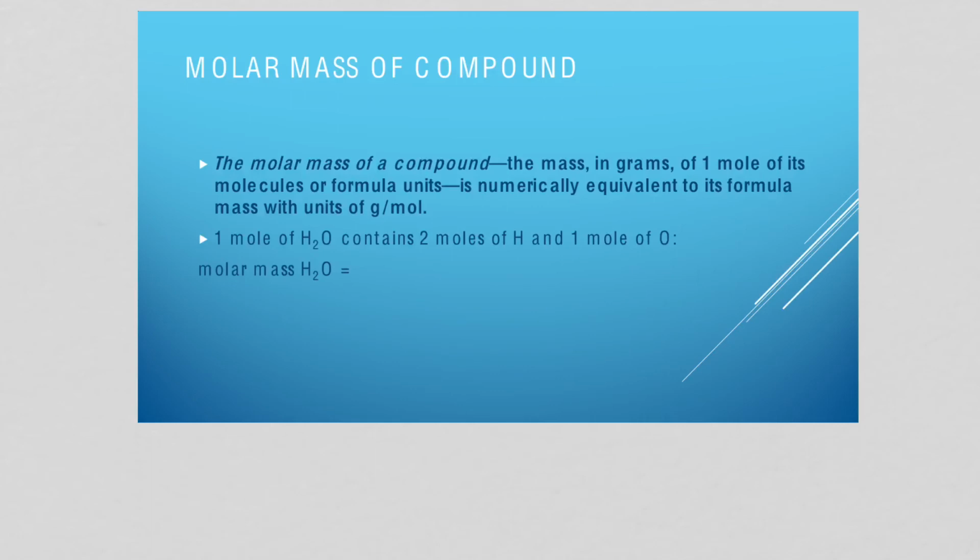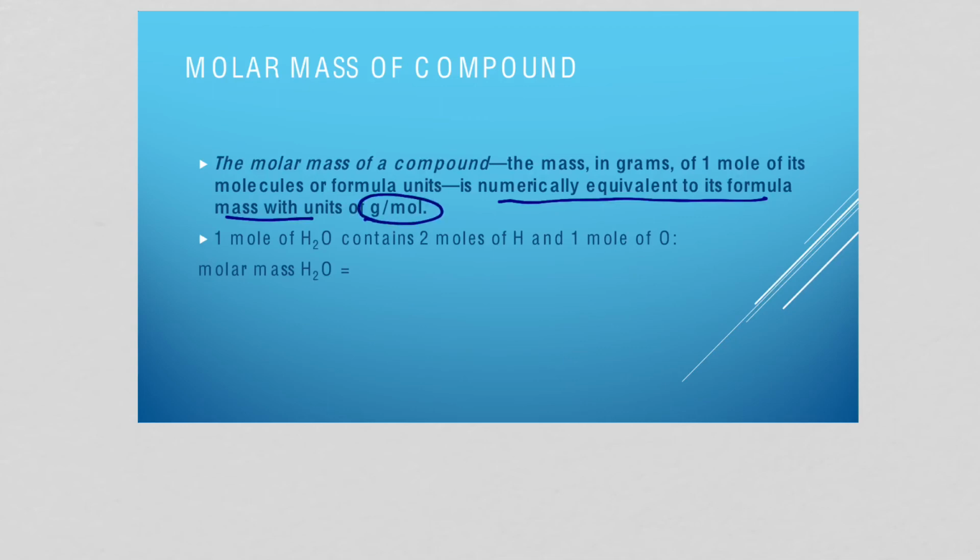And just like we saw with formula mass, where we added up all the atomic masses of the elements, to get the molar mass of a compound we're going to simply add up all of the molar masses of the elements. And so the molar mass of a compound will end up being numerically equivalent to the formula mass, but simply in different units, grams per mole.